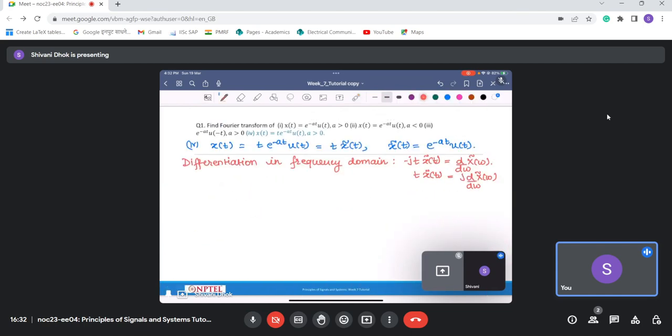So this x tilde t, e power minus at u(t), has Fourier transform X tilde of omega equal to 1 upon a plus j omega, and this is from part 1.